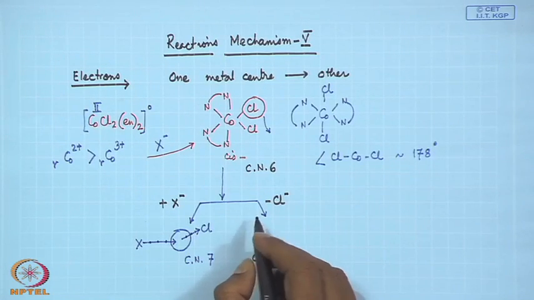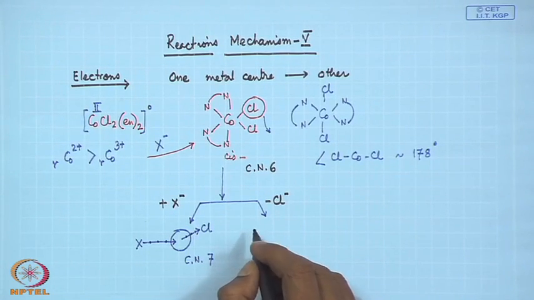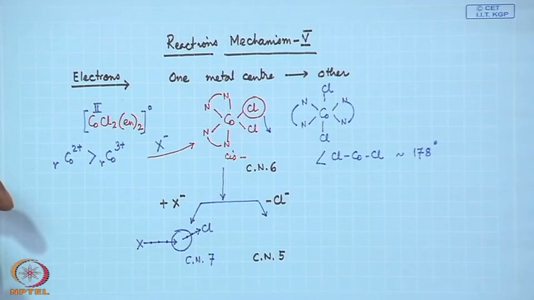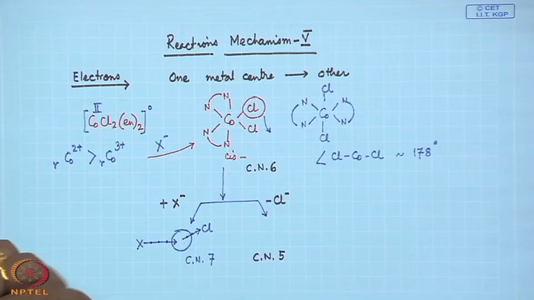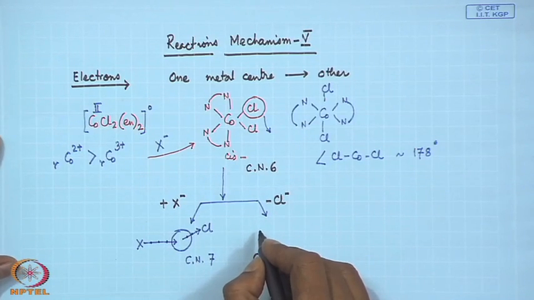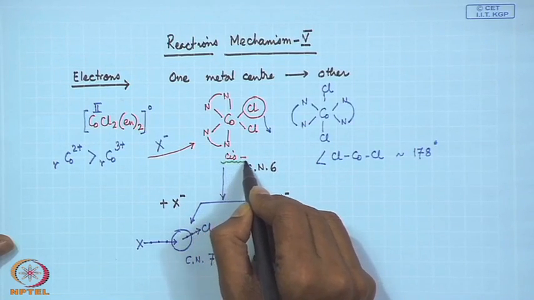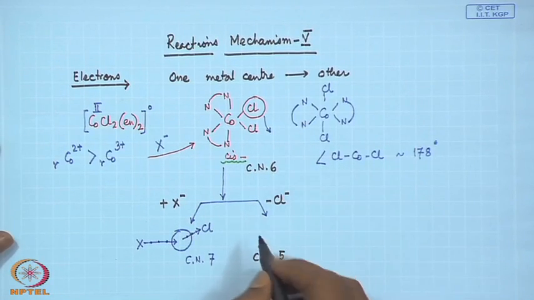So, a pentacoordinated intermediate we can assume is forming at this point, and how this pentacoordinated species gives rise to the product will tell us whether we have a different type of geometry from where we started on the cis complex.